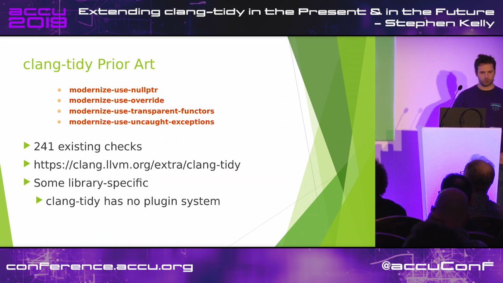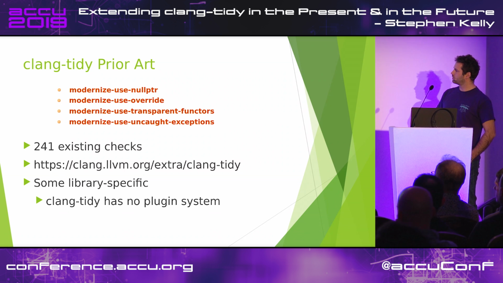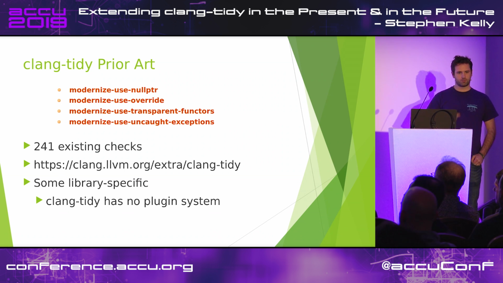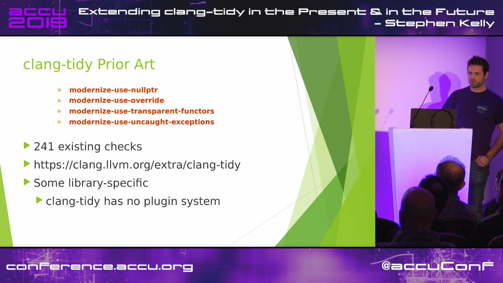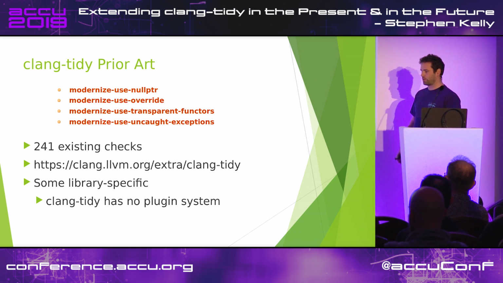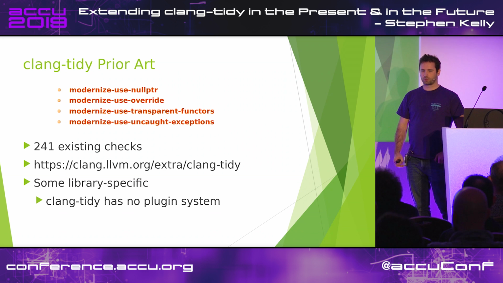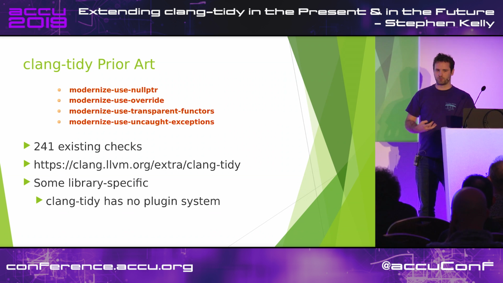Looking at a few tools first, the clang-tidy tool itself has, well, I guess 6 months ago it had 240 odd checks. Some of them are not relevant to you because some of them are vendor specific.